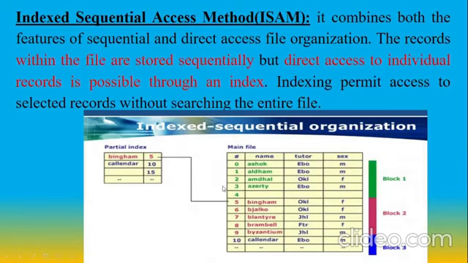That means the records are stored in sequential order, and these records can be accessed directly. Here you can see the files are stored in sequential order, and whichever file we want can be accessed by using the direct access file organization. That is the reason it includes the features of both sequential and direct access file organization.